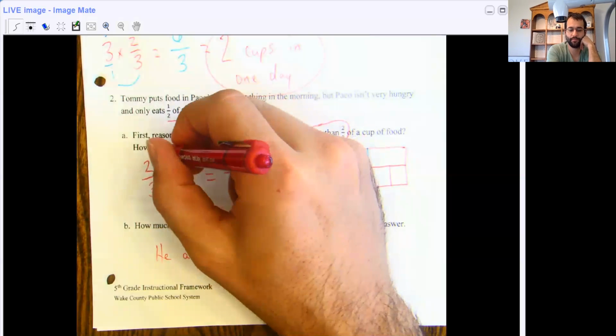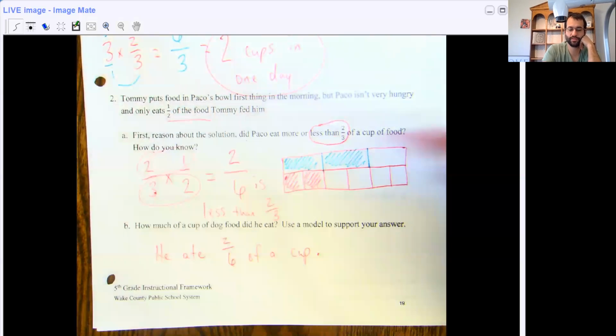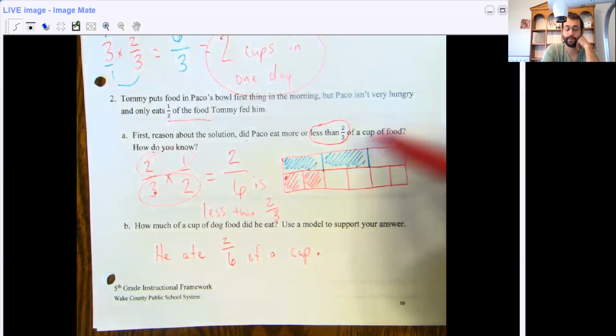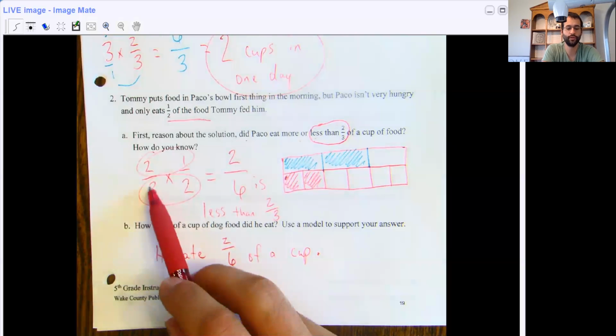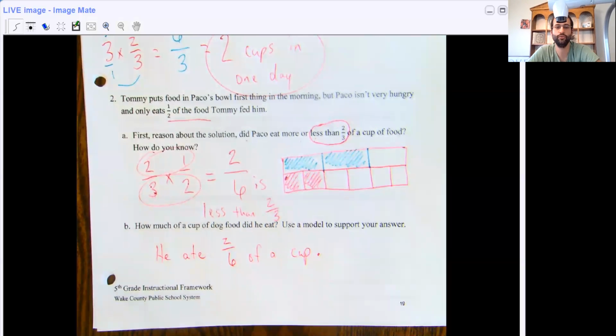The top numbers get multiplied together. The bottom numbers get multiplied together. I find my answer. And if I'm comparing it with another fraction, I can draw it just like this to show my comparison. So I know that half of 2/3 is equal to 2/6.